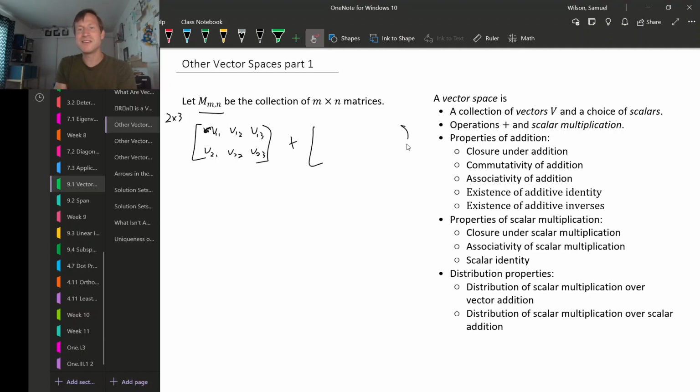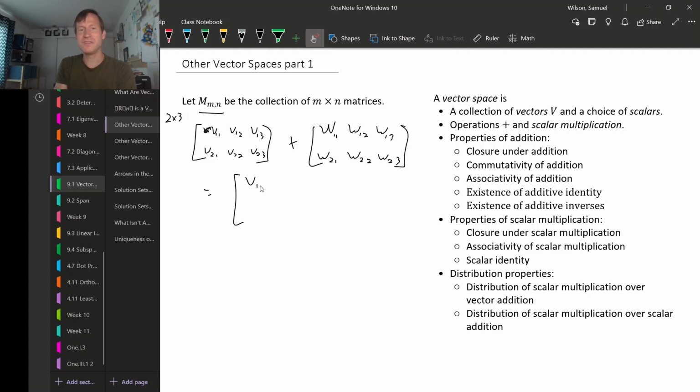What would it mean to add two matrices? Well, if they have the same size, so let me call this one W, you can kind of guess how it makes sense to add matrices. You should just add corresponding entries, right?